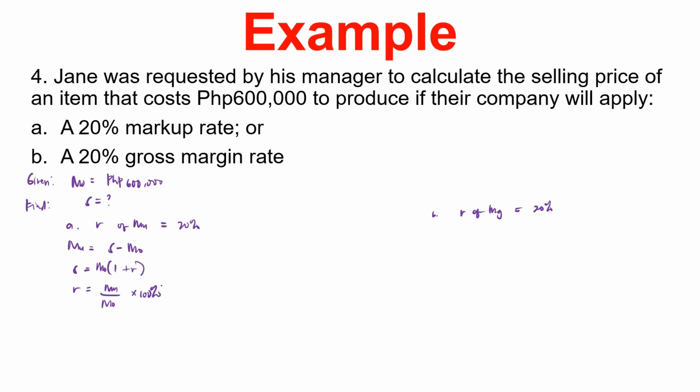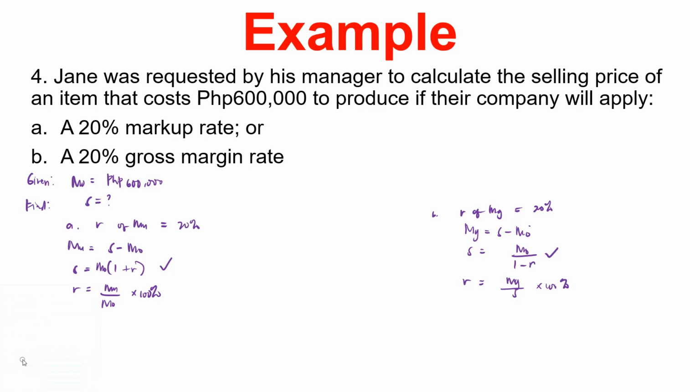For the gross margin, we have gross margin is equal to selling price minus cost price. Then, selling price under gross margin is cost price all over 1 minus R. And rate is equal to gross margin over selling price times 100%. So, since ang kailangan nating makuha is selling price, ang gagamitin natin yung pangalawang formula.